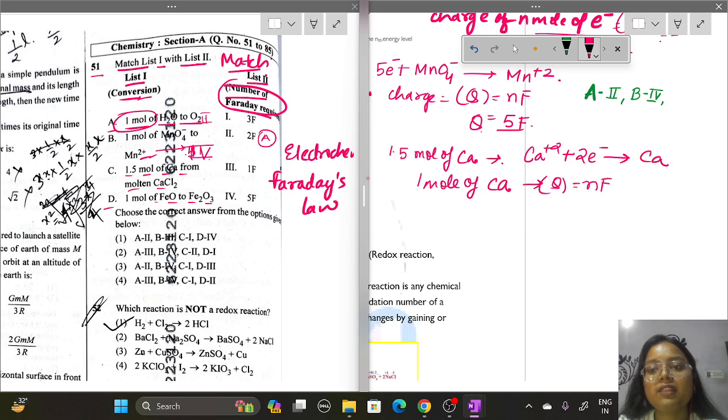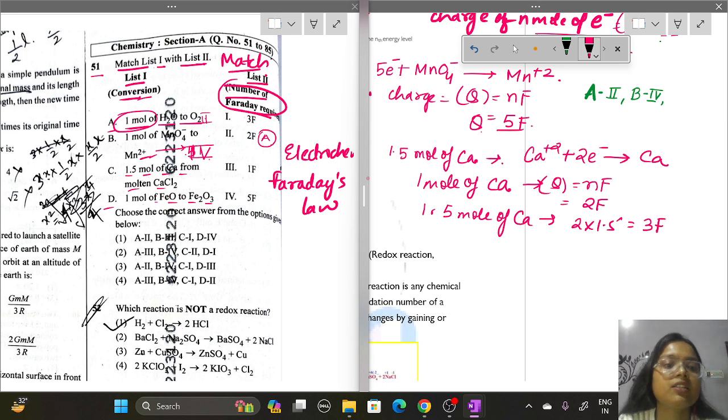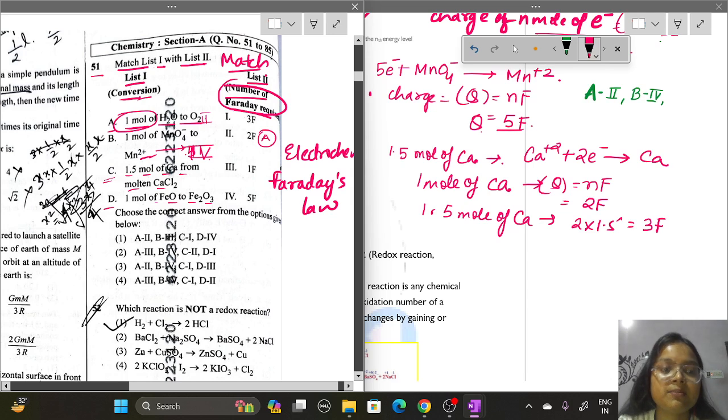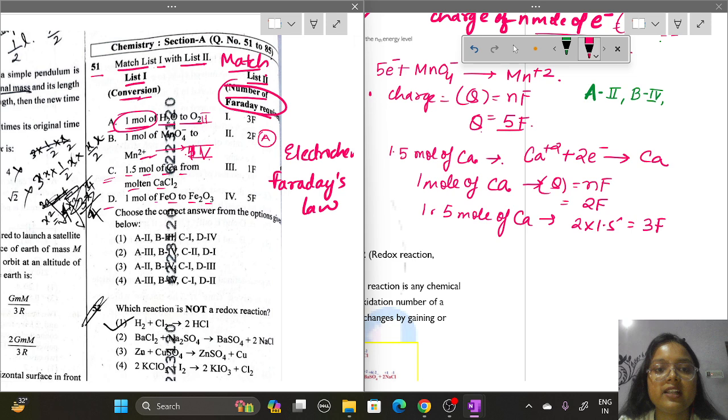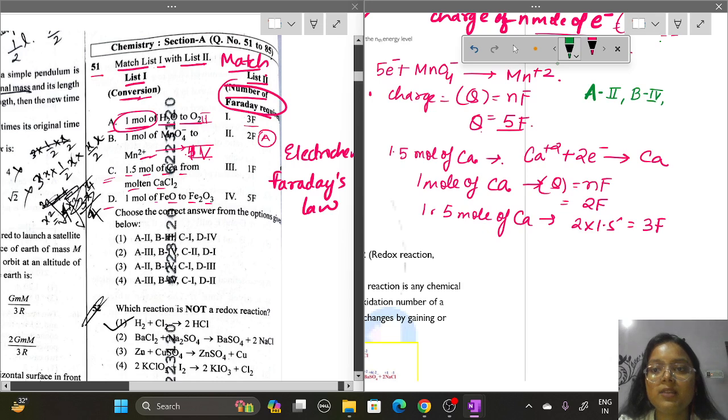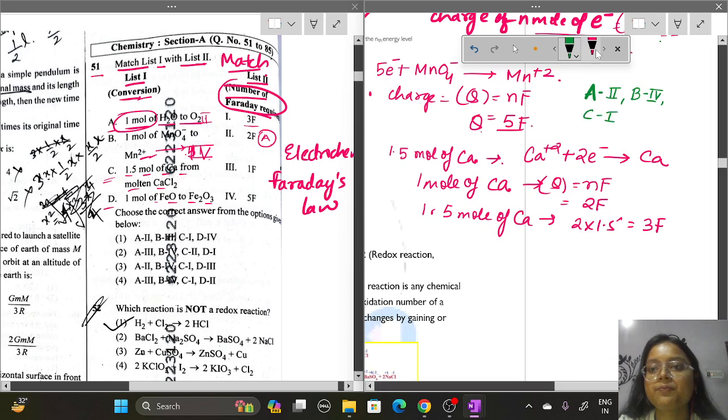Q equals nF, and 2 electrons are involved, so 2 Faradays. And it is asking for 1.5 mole of Ca, so 2 into 1.5, that is 3 Faradays. So for option C, 1.5 mole of Ca from molten CaCl2, it will be option 1.